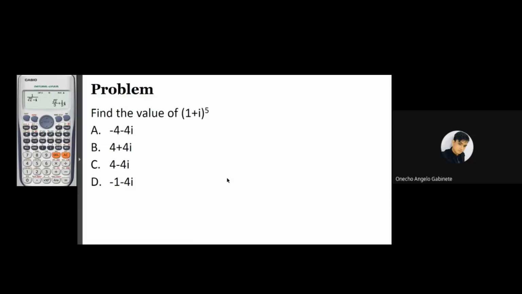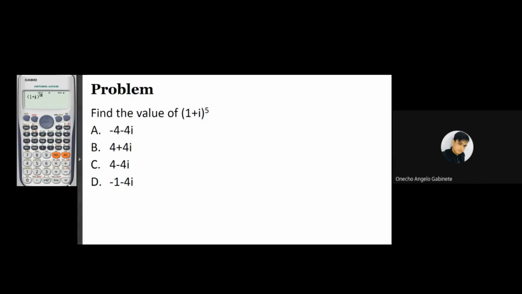Next, find the value of 1 plus i raised to 5. Please input it in your calculator. What came out? Error, sir. Math error.